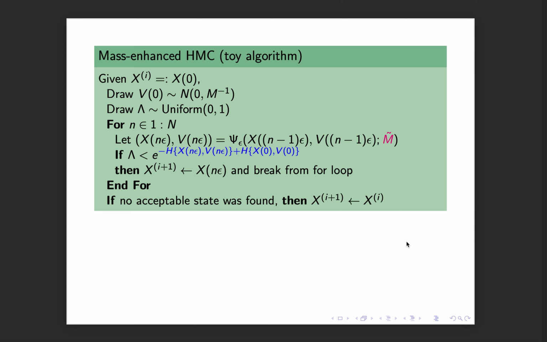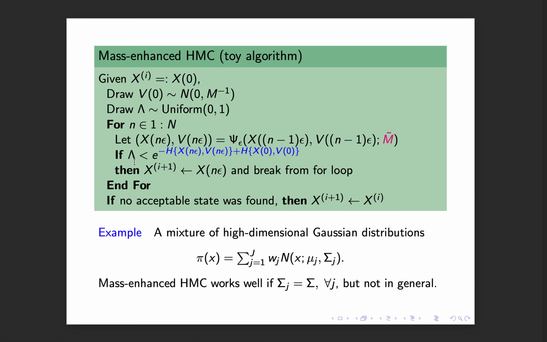First, the Hamiltonian path is simulated with mass M tilde. Second, instead of simulating the path for a set time length, the simulation is continued until an acceptable state is found. It can be shown that if we use the same uniform random number lambda to determine the acceptability of every state, then the algorithm can construct Markov chains whose stationary distribution is equal to the target density pi.